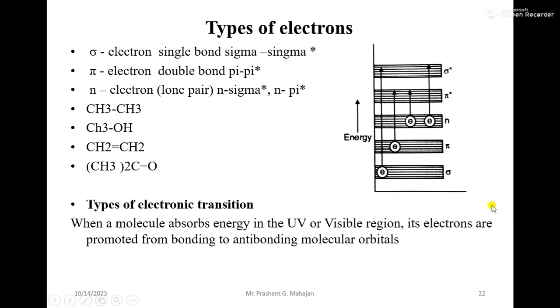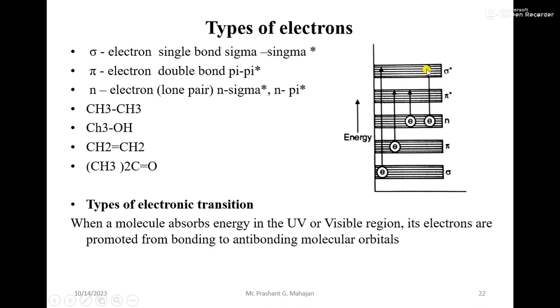So these are the four transitions. I am repeating again: sigma to sigma star, which is related to single bonded compound; pi to pi star, it is related to the double bonded compound, which is also called as unsaturated compound. Then n to pi star, that is double bonded compound with lone pair of electrons on heteroatom.